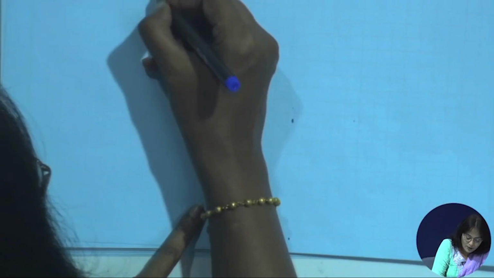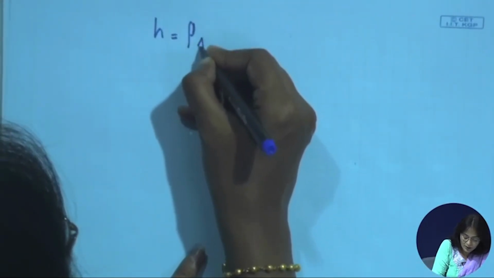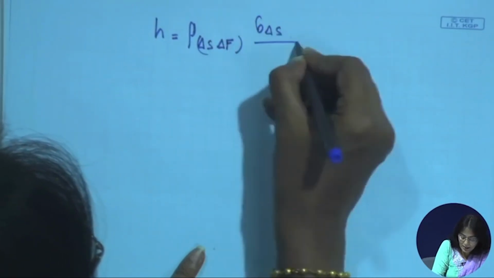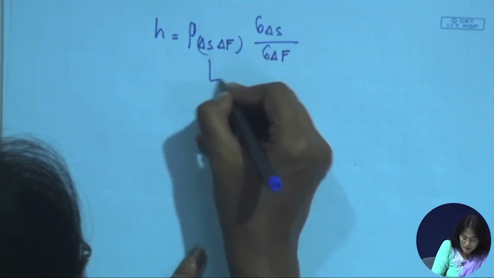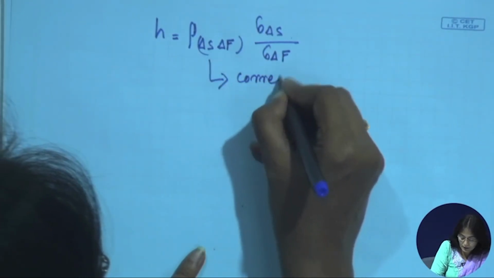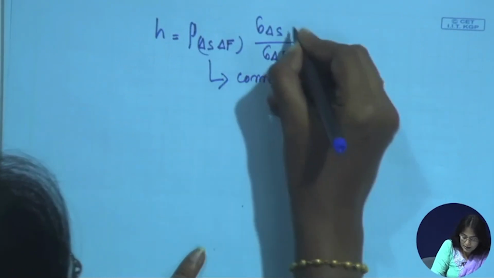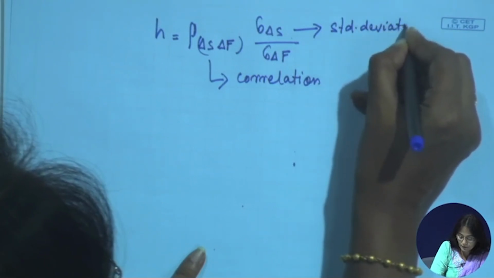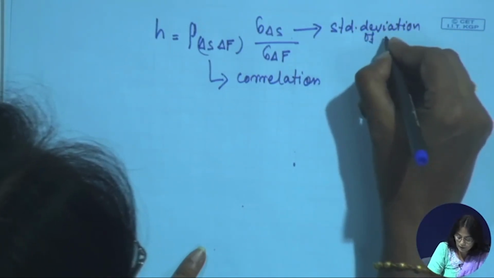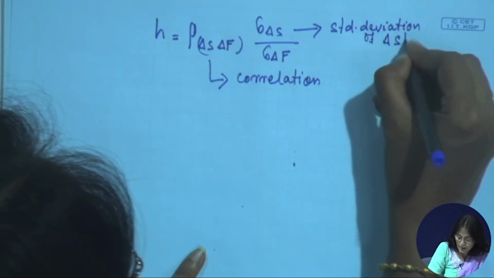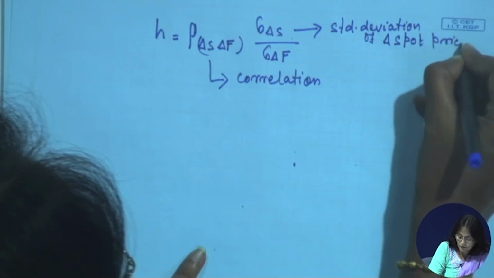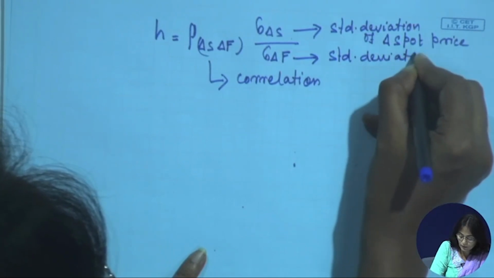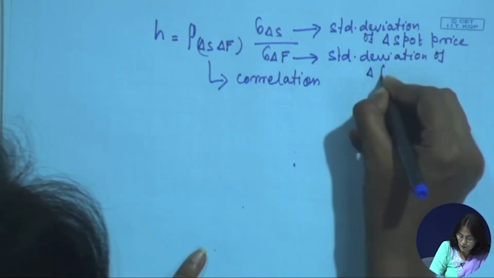If you remember, hedge ratio is the correlation between delta S and delta F, multiplied by sigma delta S divided by sigma delta F. This is the correlation between price changes, and sigma is the standard deviation of the change in spot price and the change in futures price respectively.